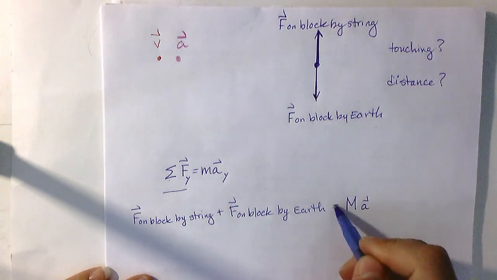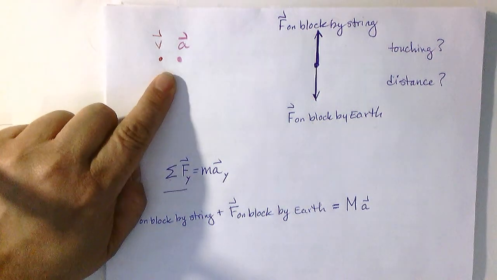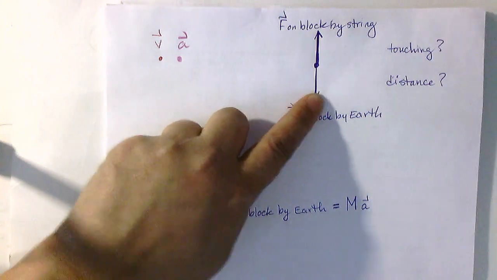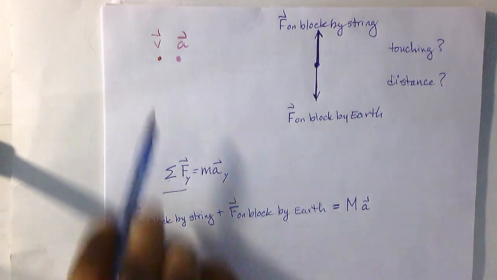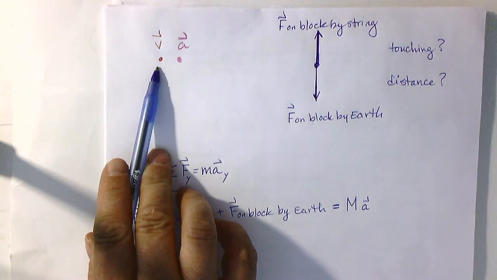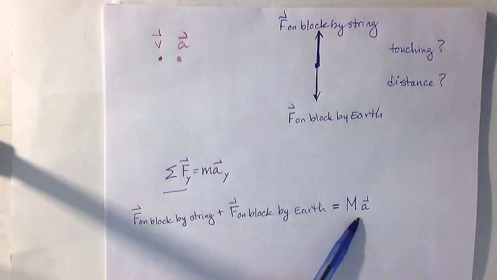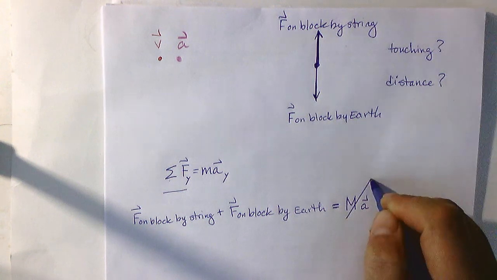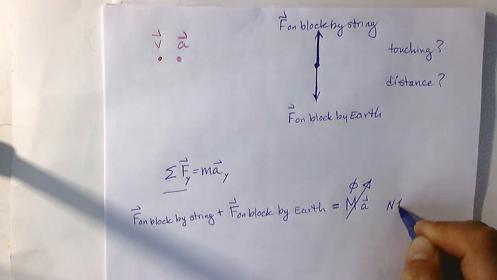Okay, now I have to ask myself, am I in equilibrium? Look at your motion diagram, look at your free body diagram. Both of those should match in telling you whether you are in equilibrium or not. Since my velocity is 0, my acceleration is 0, I am in equilibrium. So I'm going to cross this out and put a 0, and then I'm going to write n1.